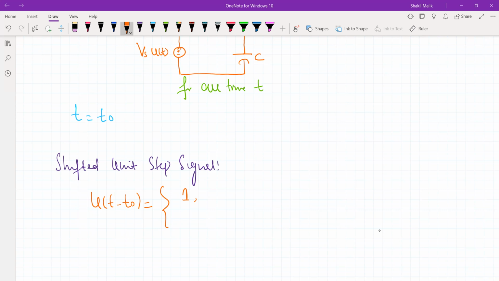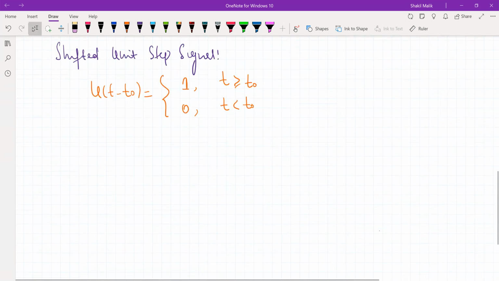It's 1 when t is greater or equal to t naught. For t less than t naught, the signal is 0. So this is the definition, and we can use this. Now the switching action is like this, and now we are turning on this switch at t equal to t naught.